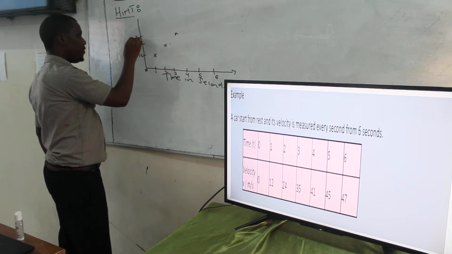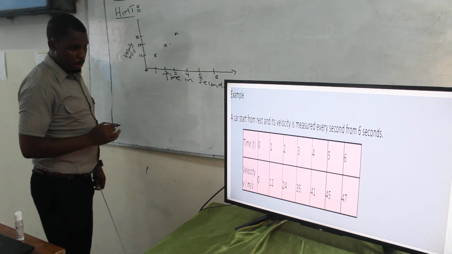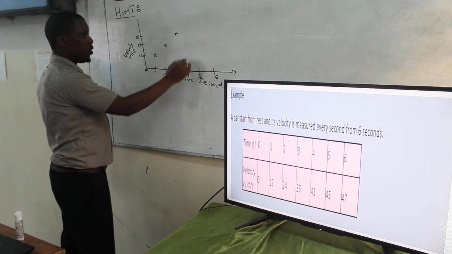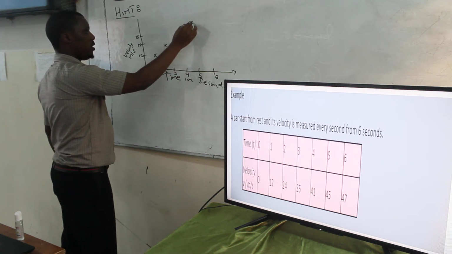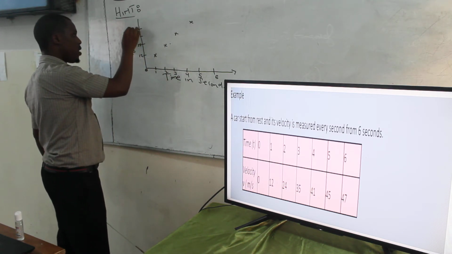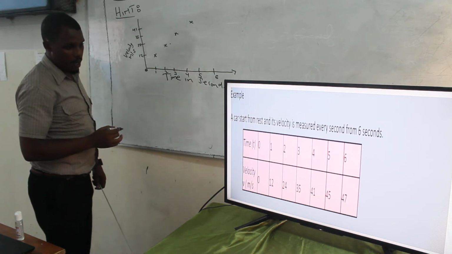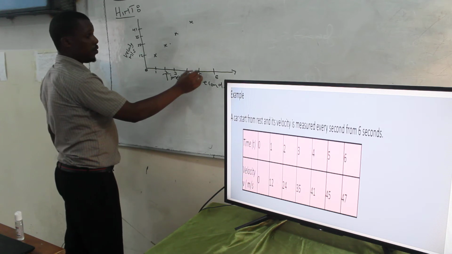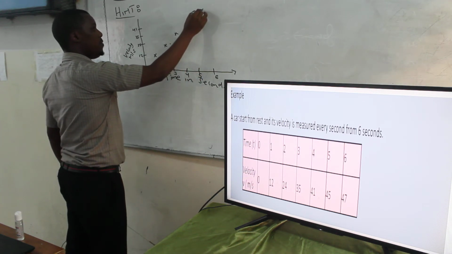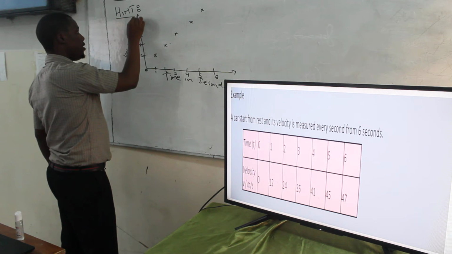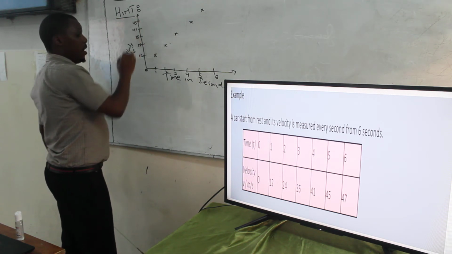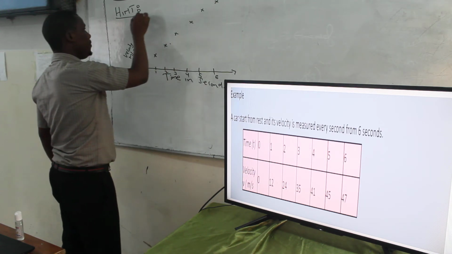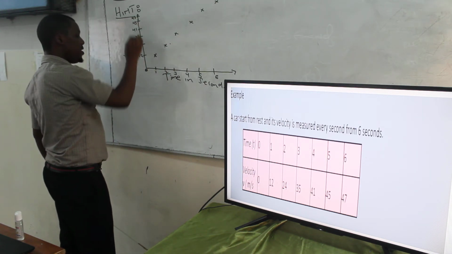Then when it is 4, you can see 41. So we're just starting to come up with that. Then when it is 5, you can see 45. And then finally, when it is 6, we are told it's 47. Then this is where your coverage starts.